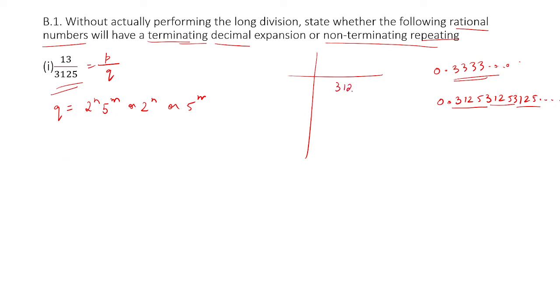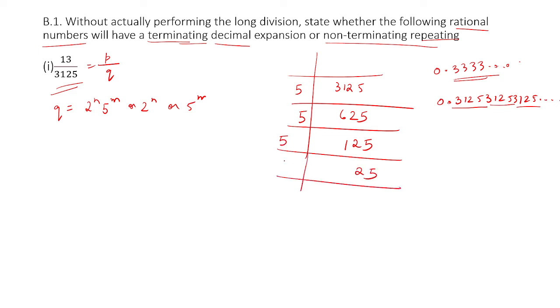3125: 5 times 625, and so on, down to 5 times 1.